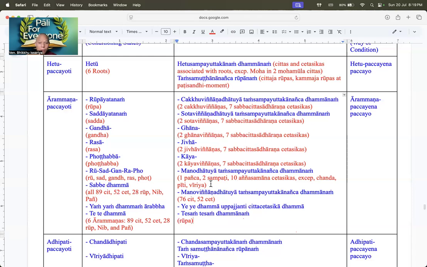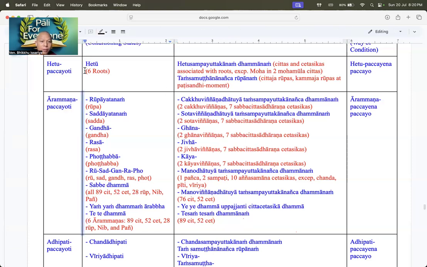Here all are included: 10 viññāṇa, 3 manodhātu, and 76 manoviññāṇadhātu. That is why 89 cittas and 52 cetasikas are supported by way of the object. In this way it can be understood. This is the summary of that one.